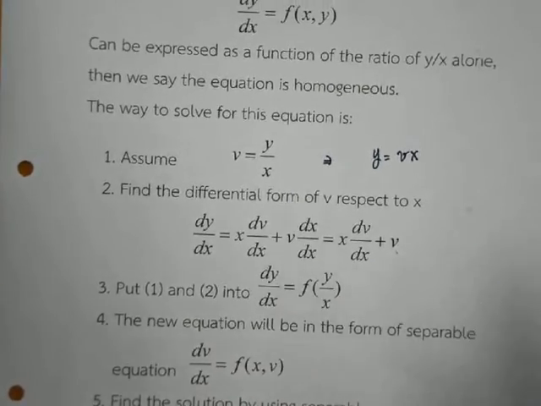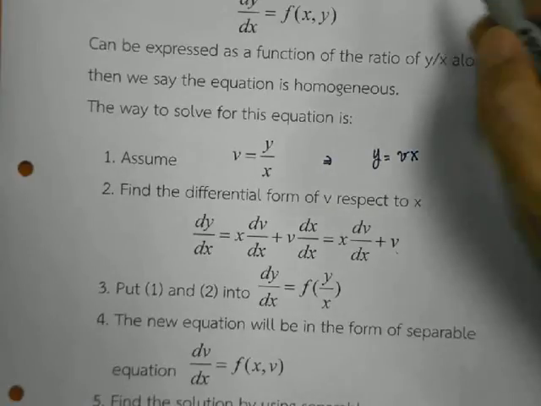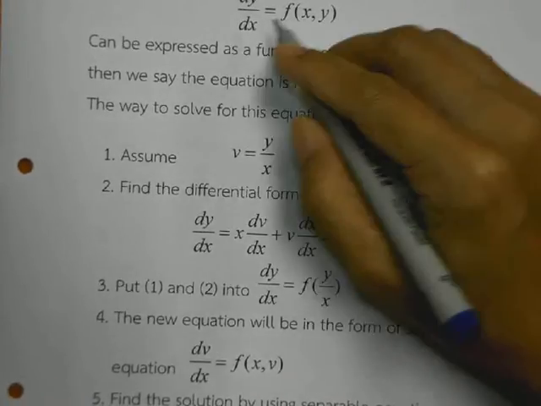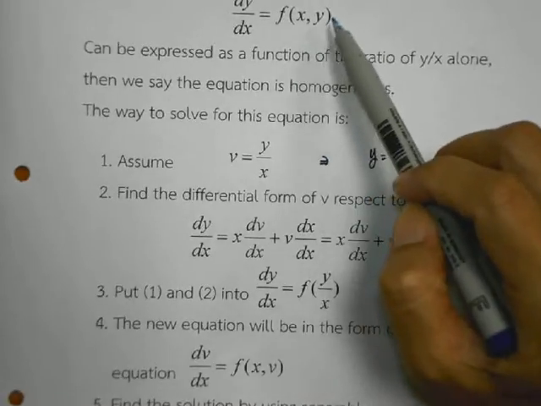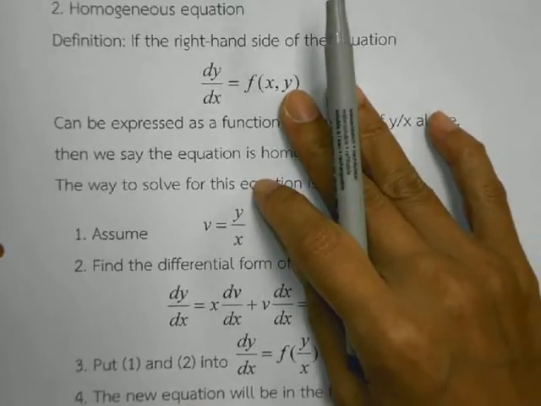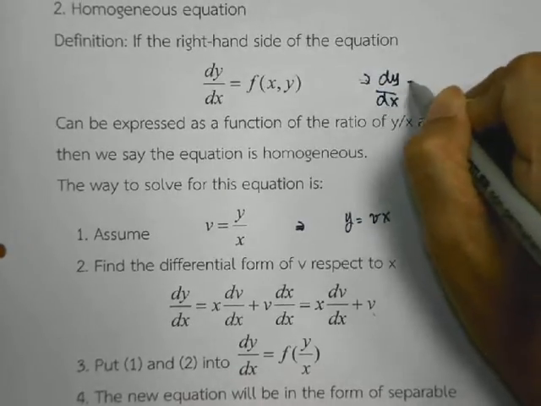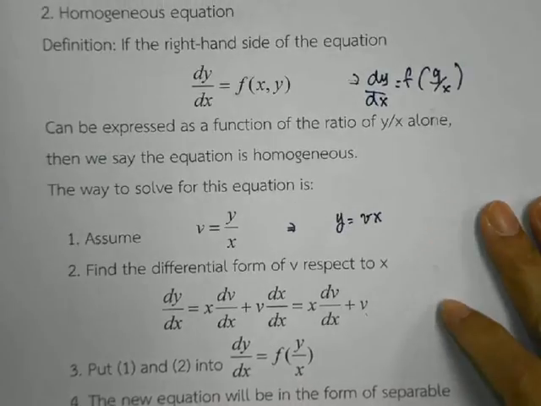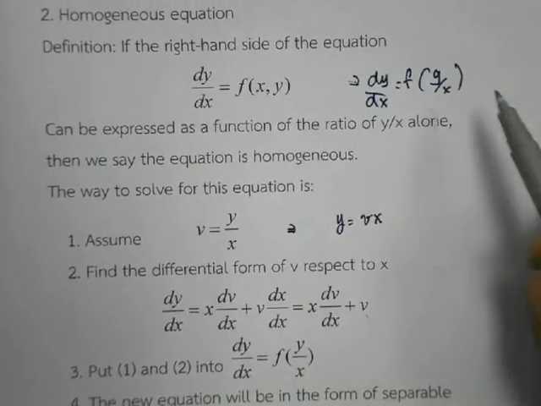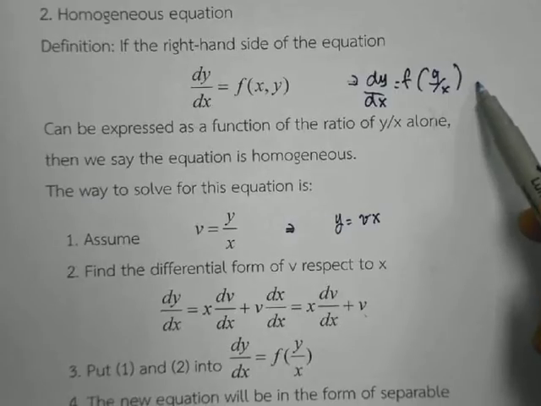As I said, the homogeneous equation is the equation that you can write in this term. If you have the differential equation like this, you got to rearrange it so that dy by dx is a function of y over x. Any differential equation that you can write in this term, we call it a homogeneous equation.